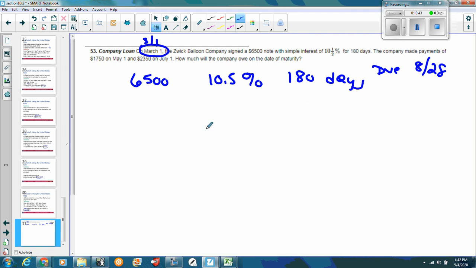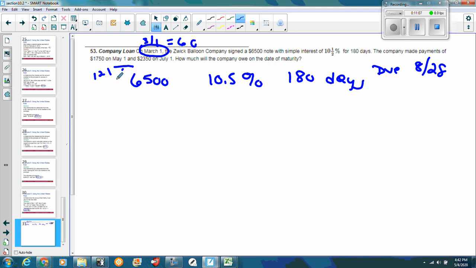Okay, so first they make a payment of $1,750 on May 1st. So you have to figure out how many days it is from March 1st to May 1st. If I go back to that chart, March 1st is the 60th day. May 1st is 121. So it's 61 days.